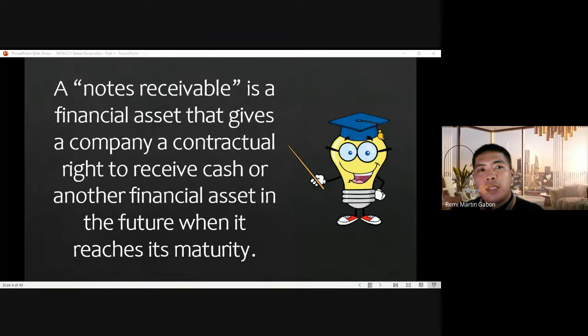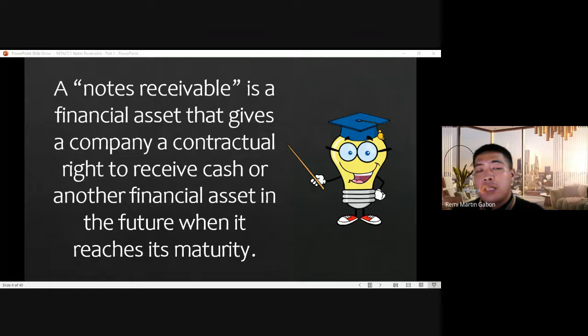Accounts receivable, since it is an open contract with customers and no specific maturity date is provided in the contract, just word of mouth, we always consider as current, trade and current receivable. But notes receivable depends on whether it is trade or non-trade. Once we look at the maturity, we can already determine if it is current or non-current, short-term or long-term notes receivable. The same with all other receivables.